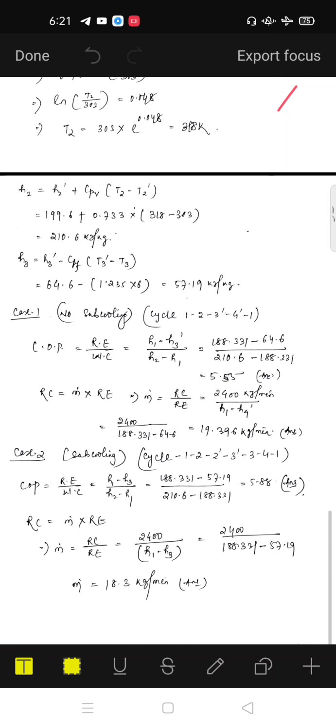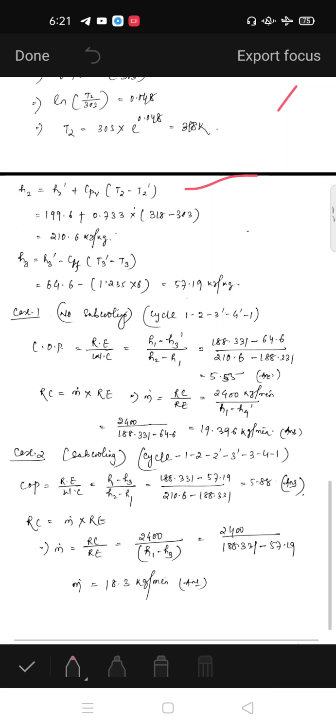After getting T2, you can find the enthalpy at point 2, that will be H2 = H2 dash plus Cp V whole into T2 minus T2 dash. H2 dash means it is the vapor enthalpy at temperature 303 Kelvin.